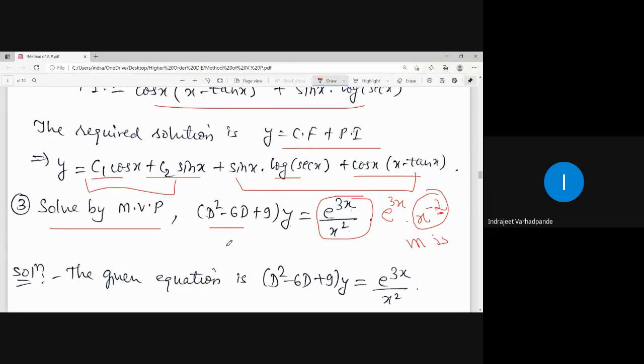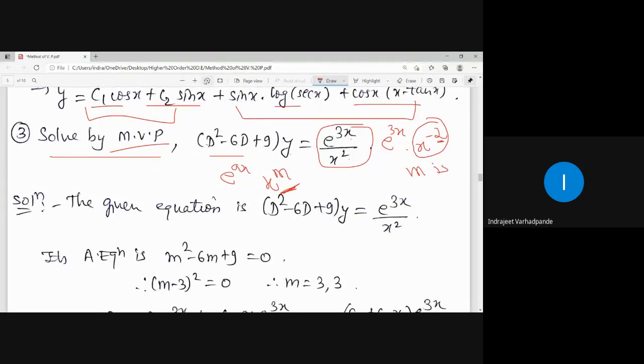I can compare it with the form of case number 4, e to the power ax into x to the power n, but in this case x to the power m must be a positive integer. Here value for m will become minus 2. So do not ever think of applying case number 4. We have to apply method of variation of parameters. Though it is mentioned in the example, no doubt, in other way also we can think about why other methods fail.